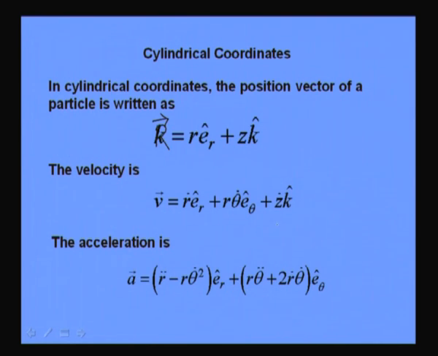Therefore, the velocity is v equal to r dot e_r plus r theta dot e_theta plus z dot k, and the acceleration is given by (r double dot minus r theta dot square) e_r plus (r theta double dot plus 2 r dot theta dot) e_theta plus z double dot k.